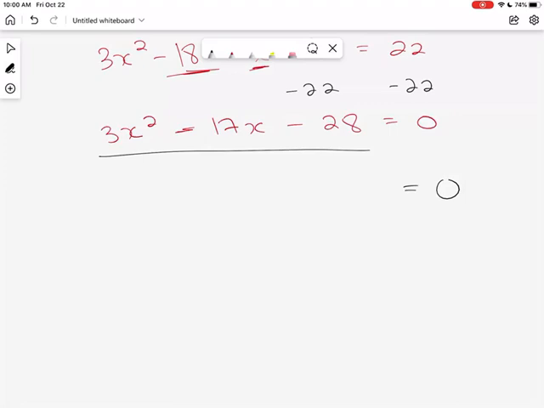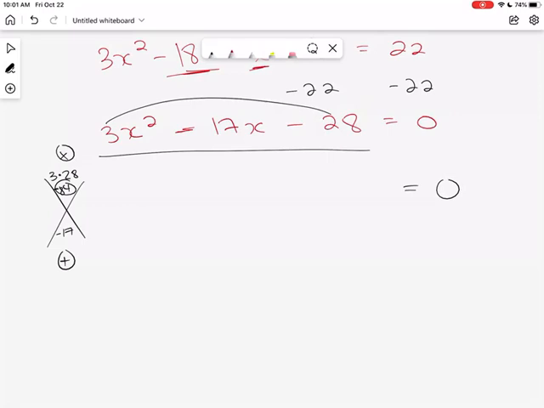So remember that you are looking for two numbers that multiply together to give you 3 times 28, which is 84, and it's negative. And you're also looking for two numbers that add together to give you negative 17.